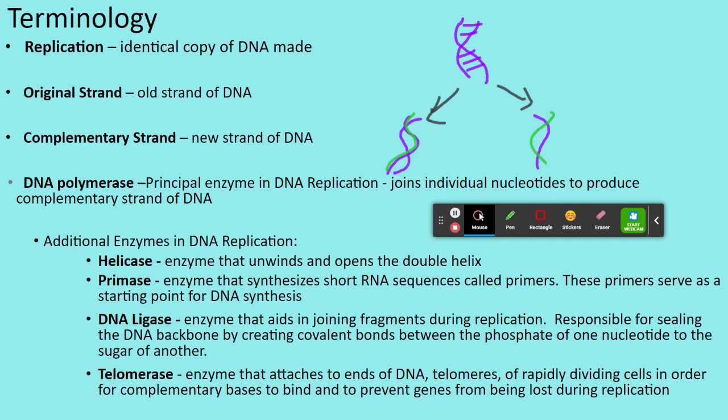And so what happens is DNA polymerase will let go, and then telomerase, which only codes for certain sequences, comes on. It's very specialized. It looks for these repeating sequences, and it will code for the end or the telomere of the DNA to make sure that nothing is lost.